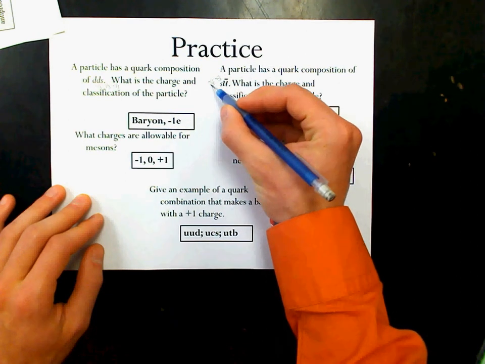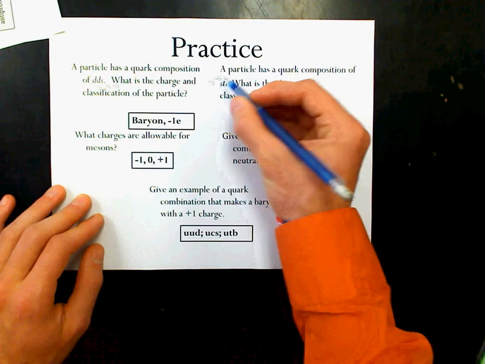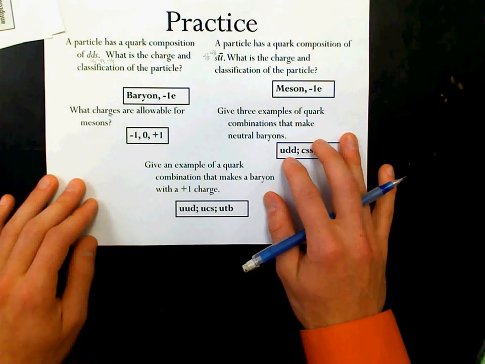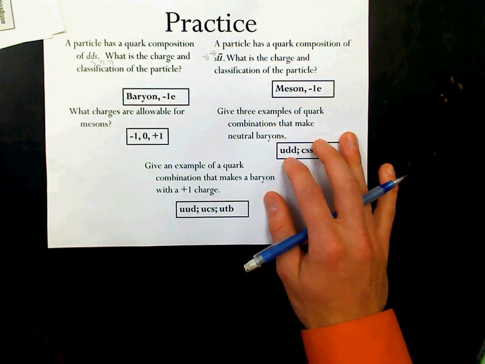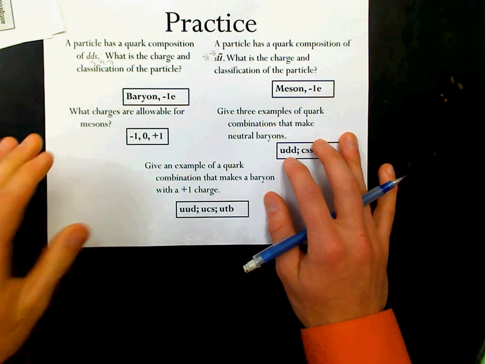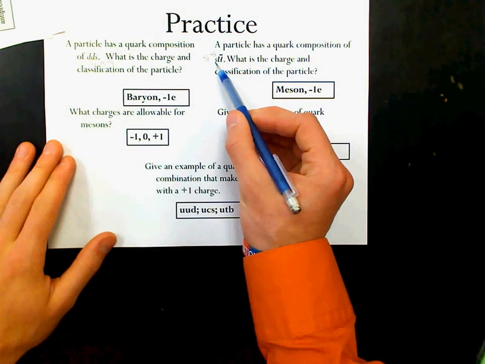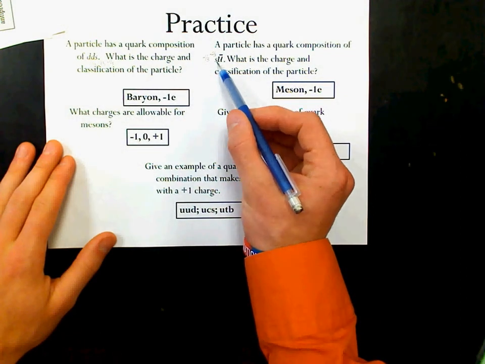So -1/3 plus -2/3 gives us a -1 elementary charge. And that would be classified as a meson because it has 1 antiparticle and 1 regular particle.